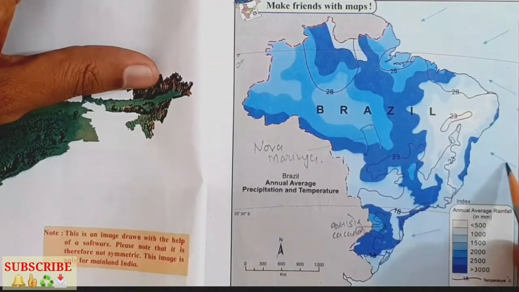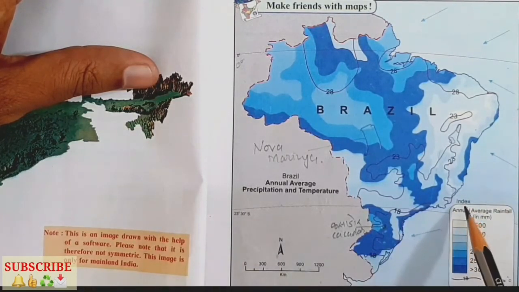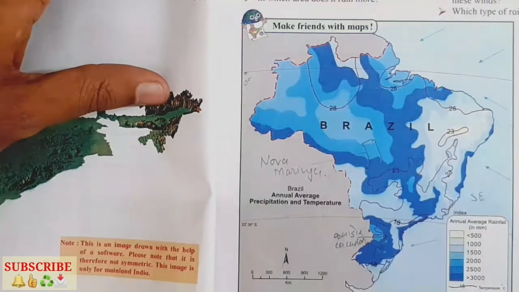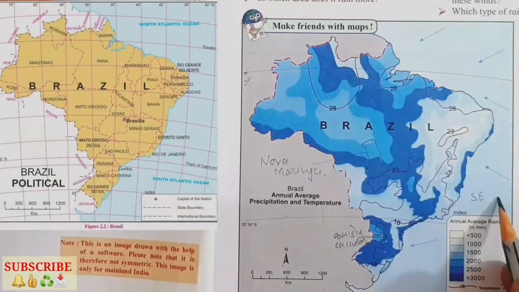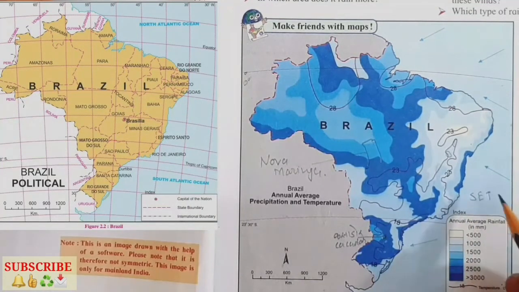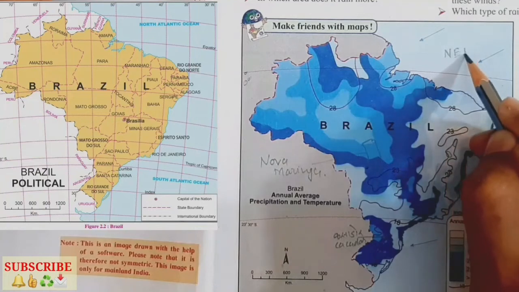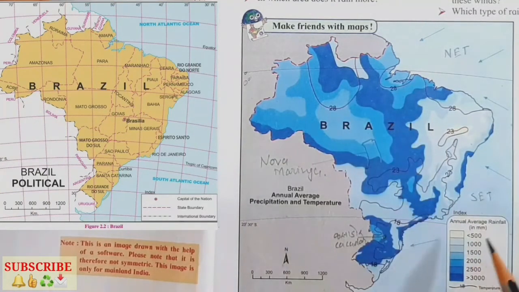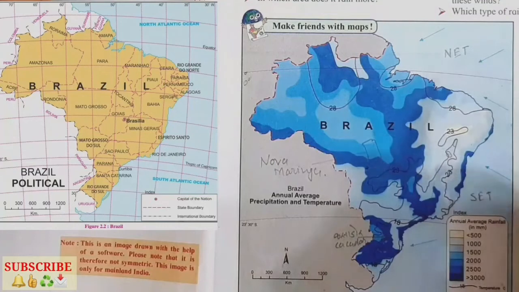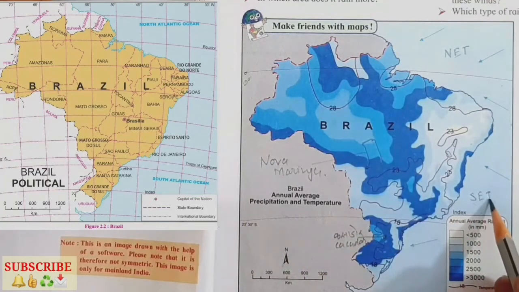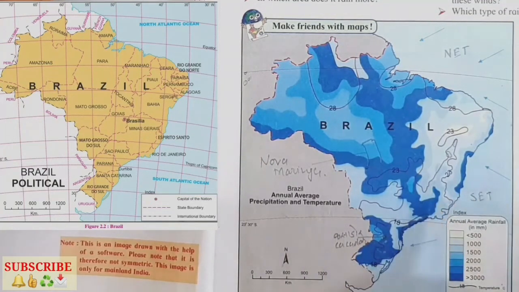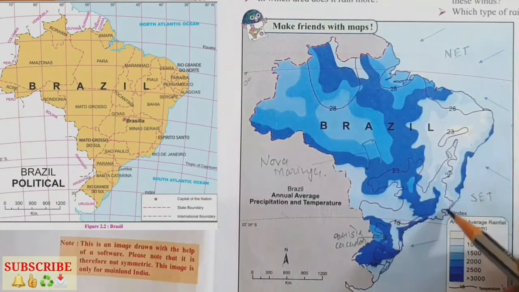The arrows flowing from the southern part are called southeastern trade winds, and here we can see the northeastern trade winds. Because of the northeastern and southeastern trade winds, Brazil receives rainfall by the side of the coastal region.